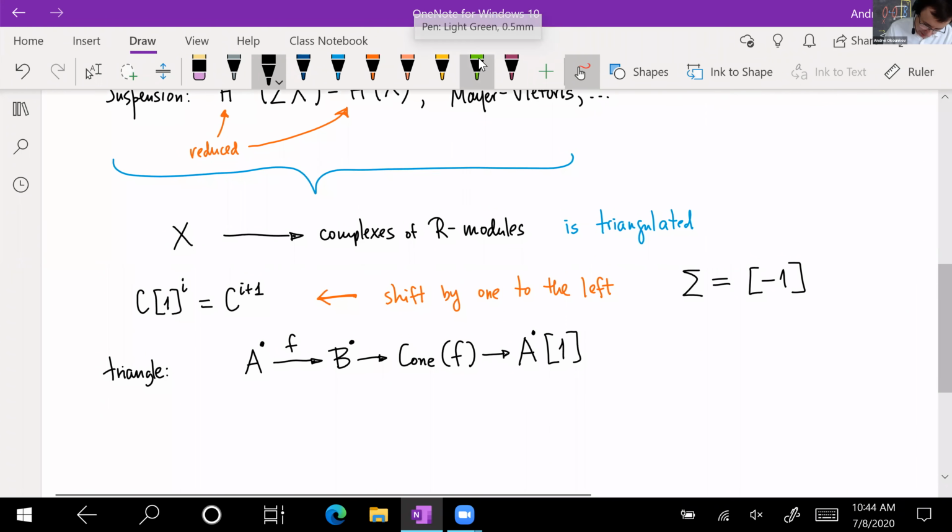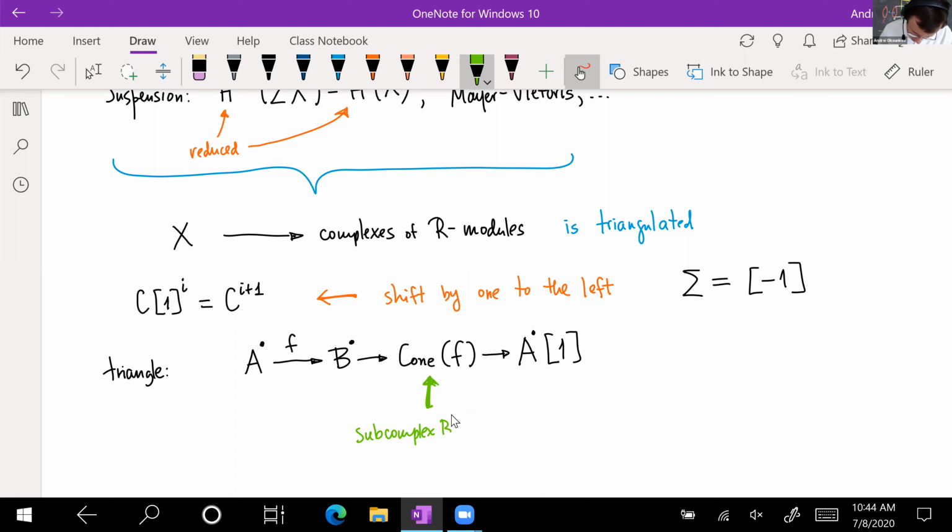This object has to have a subcomplex B with quotient A.